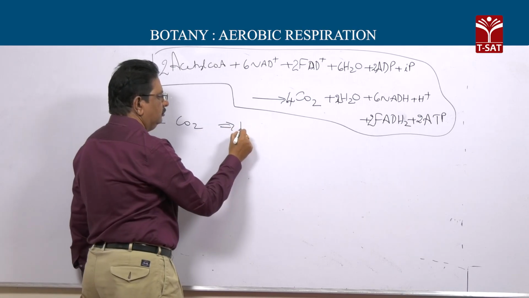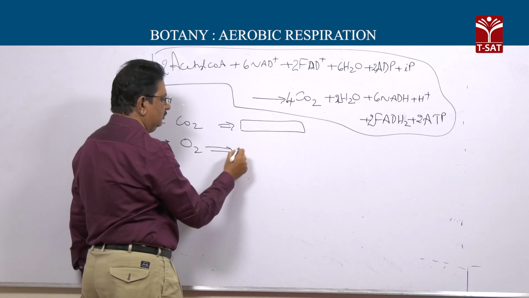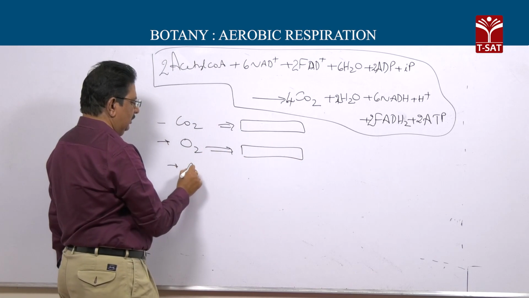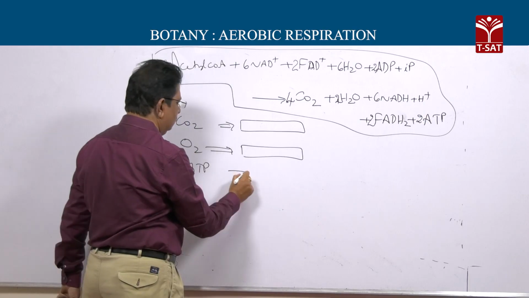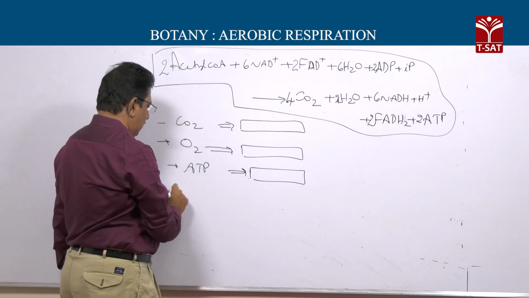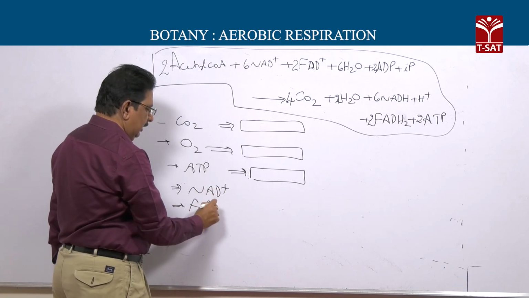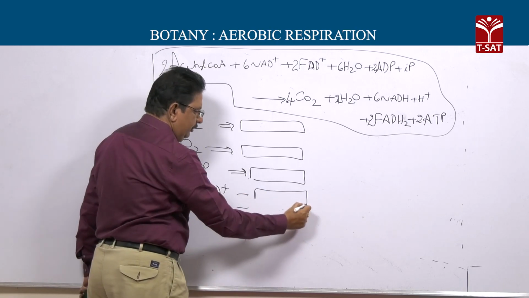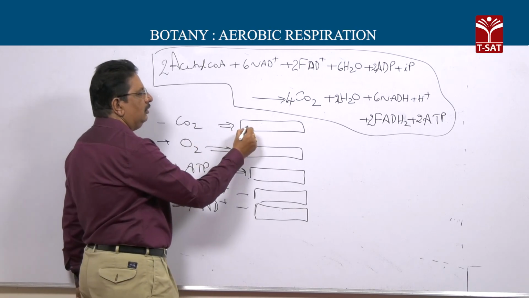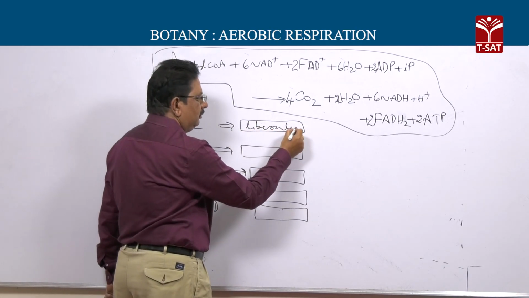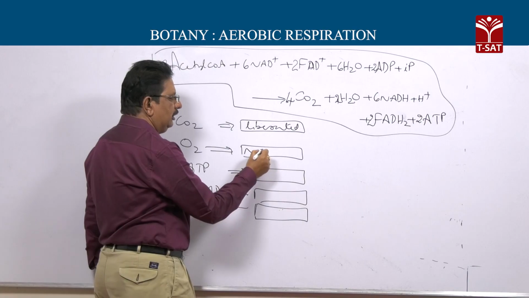And in the Krebs cycle, what happens to CO2 molecules, oxygen, ATP molecules, NAD plus and FAD plus? The CO2 molecules are liberated, through decarboxylation reactions, and oxygen molecules are not utilized.